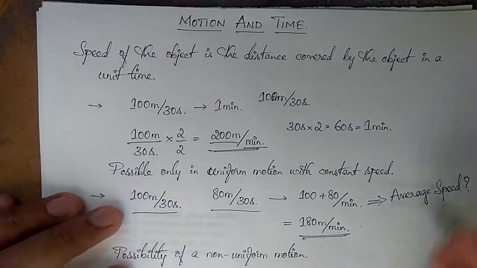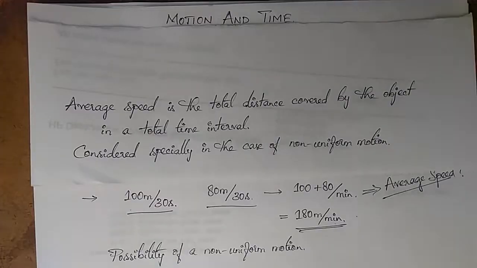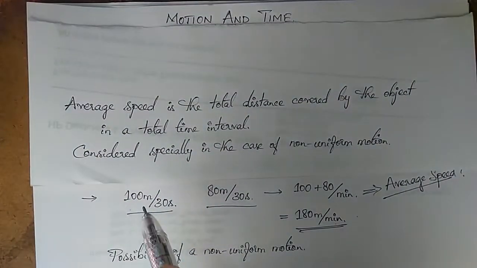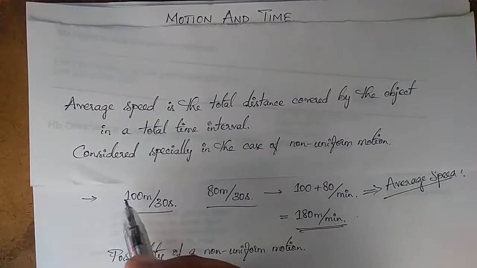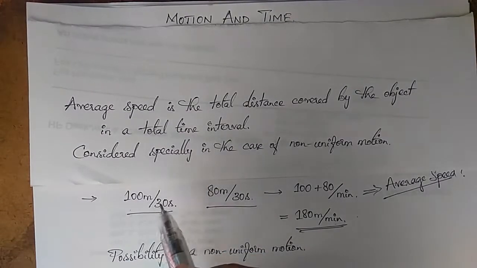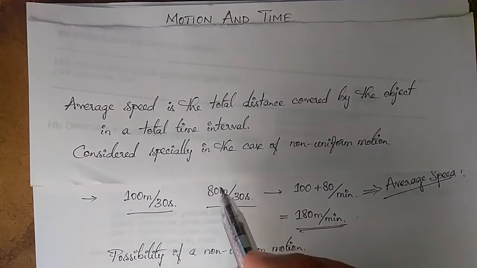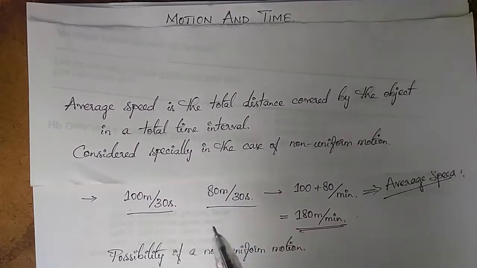Now, what is average speed? Average speed is defined as the total distance covered by the object in the total time interval. This is considered specifically in the case of non-uniform motion. This was the example that I had considered for non-uniform motion, wherein you had 100 meters in the first half of a minute and 80 meters in the second half of the minute.